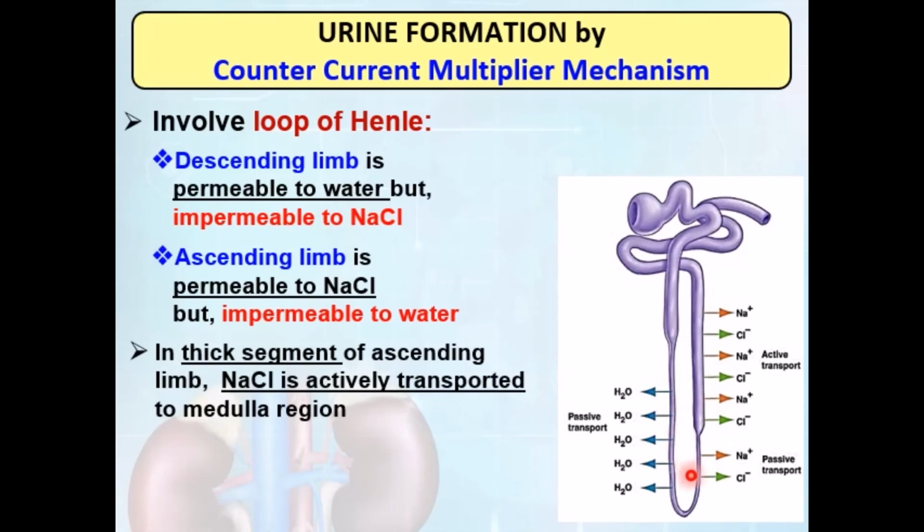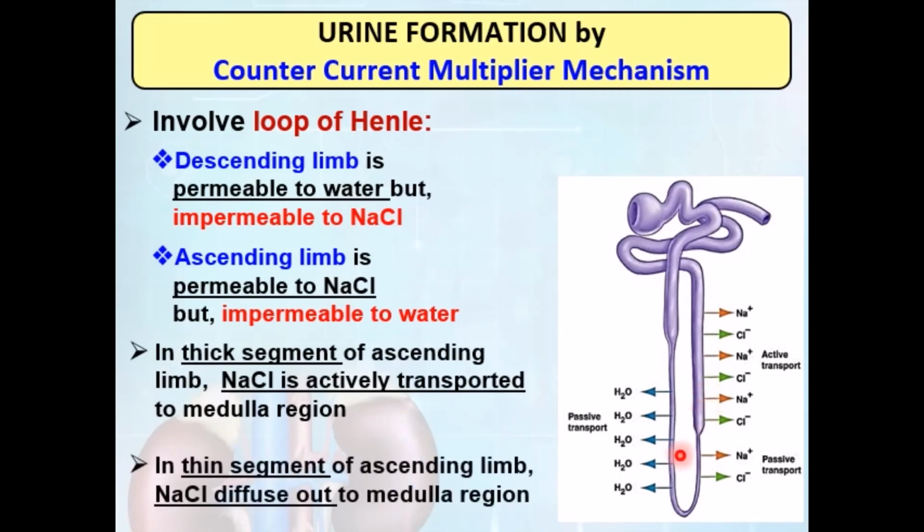In the ascending limb, there are thick segments where NaCl is actively transported to the medullary region, whereas in the thin segment, NaCl diffuses out to the medullary region. This happens due to the difference of NaCl concentration between the filtrate and the medullary region.